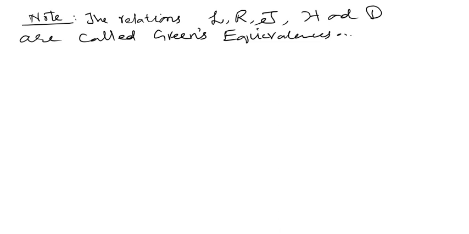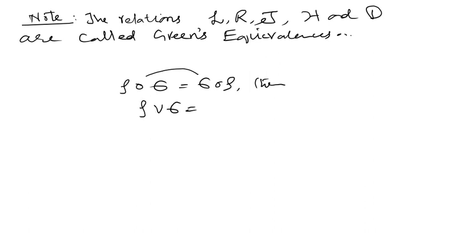So the meet is simple, it is interesting, but the join is very difficult to describe. I will show that actually these congruences, these equivalences L and R, they commute. We know the result that if the relations rho and sigma commute, then, I think it's true for any relations, their join is actually the composition.